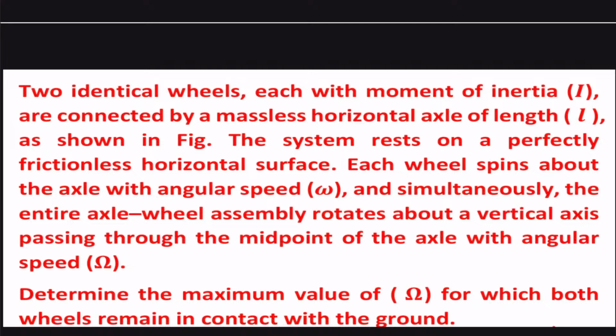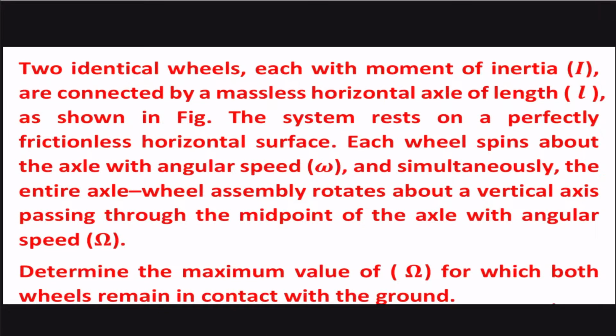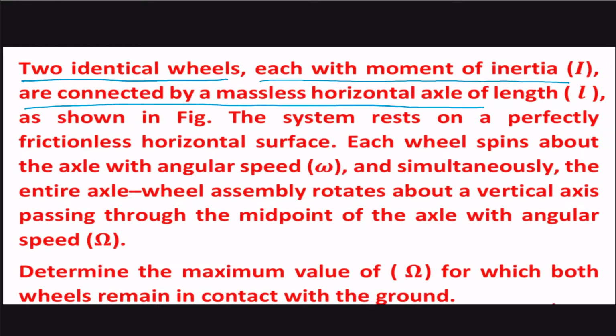And the first question: we are given two identical wheels, each with moment of inertia I, connected by a massless horizontal axle of length L, as shown in the figure.